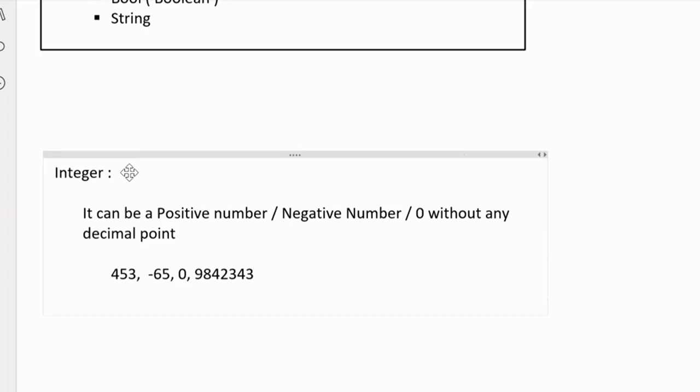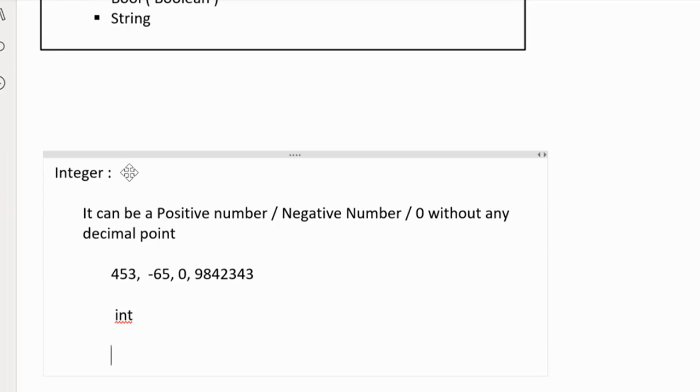Now in Python, this integer will be represented in the short form as int, small case int. So it is a short form of integer.